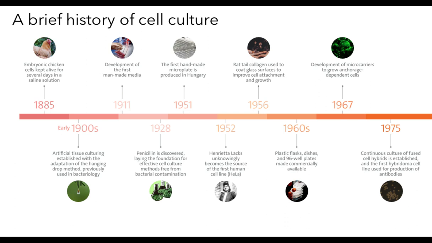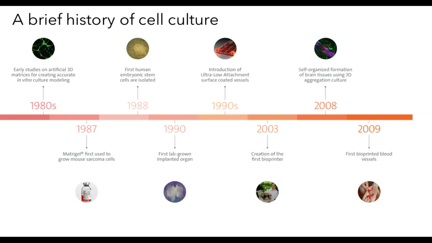So all of that activity led up to the late 70s, whereby the routine growth of immortalized cell lines was widely established, along with the development of synthetic media and surfaces by which you can optimize your conditions.